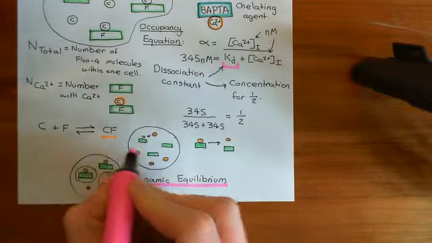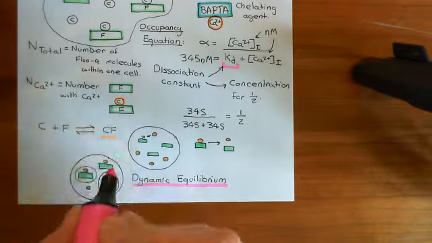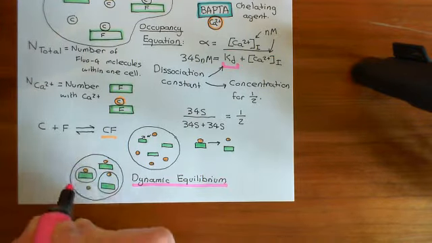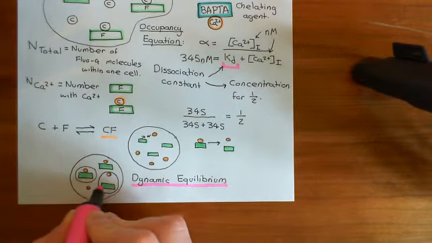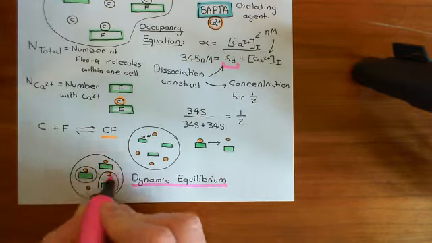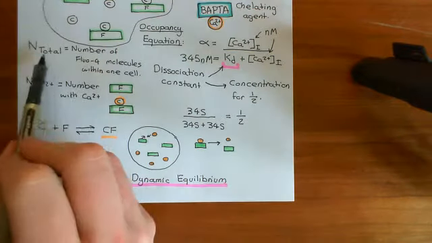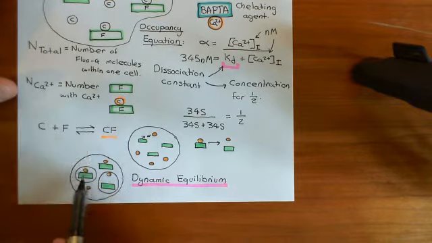Okay, so basically the idea here is that within each of these cells you have reached this dynamic equilibrium where you have a fixed concentration of calcium Fluo-4 complexes and a fixed free concentration of Fluo-4 and a fixed free concentration of calcium. Now, that's where these numbers come in. N total, remember, is the total number of Fluo-4 molecules in the cell, so it's 3 here. N calcium is the number with calcium bound, so in this case it's 2.